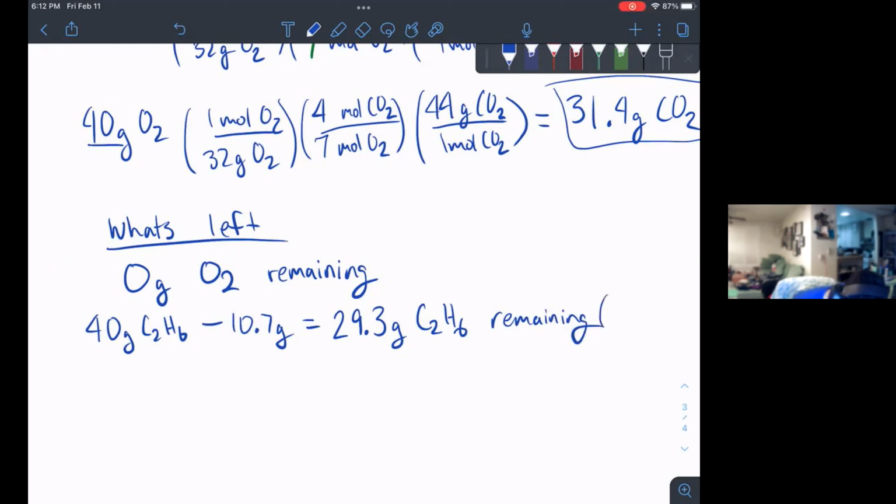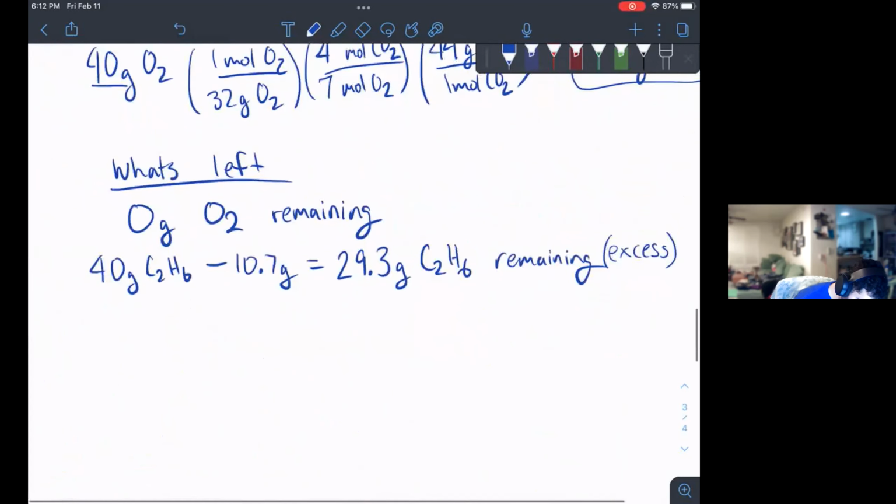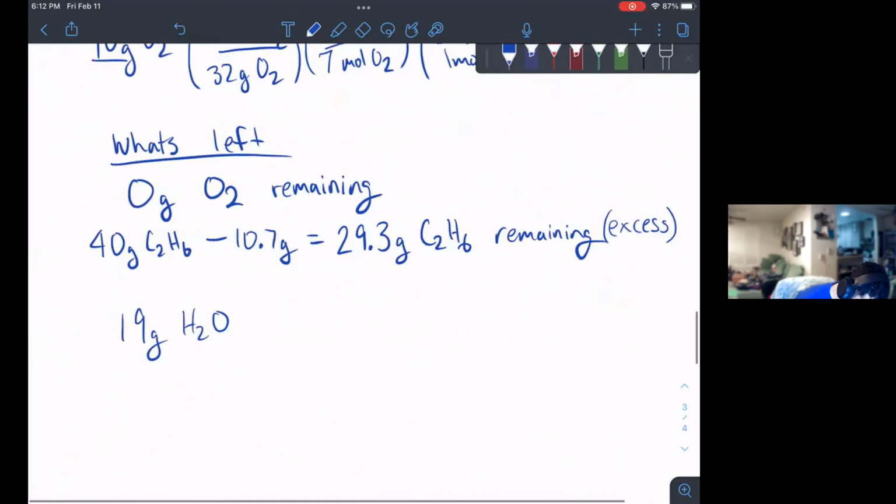And what we might actually call this, instead of remaining, we might say excess. We have an excess of 29.3 grams. Then we are left with 19 grams of water, 19 grams H2O, and 31.4 grams CO2.